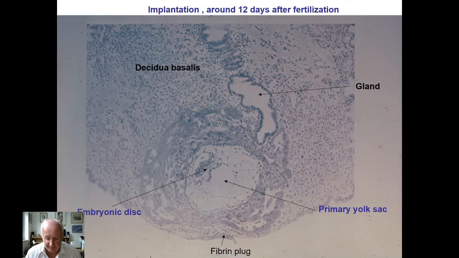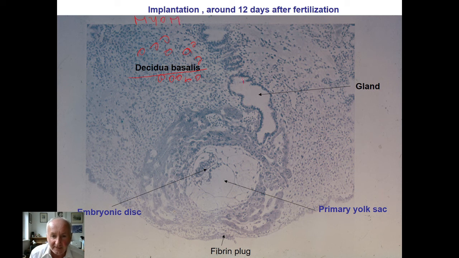A nice, perfect slide, a photograph of a slide. I think that you understand that the decidual reaction is running intensively here. Here will be decidual cells, the decidua basalis, between the blastocyst and the myometrium, which is somewhere here.